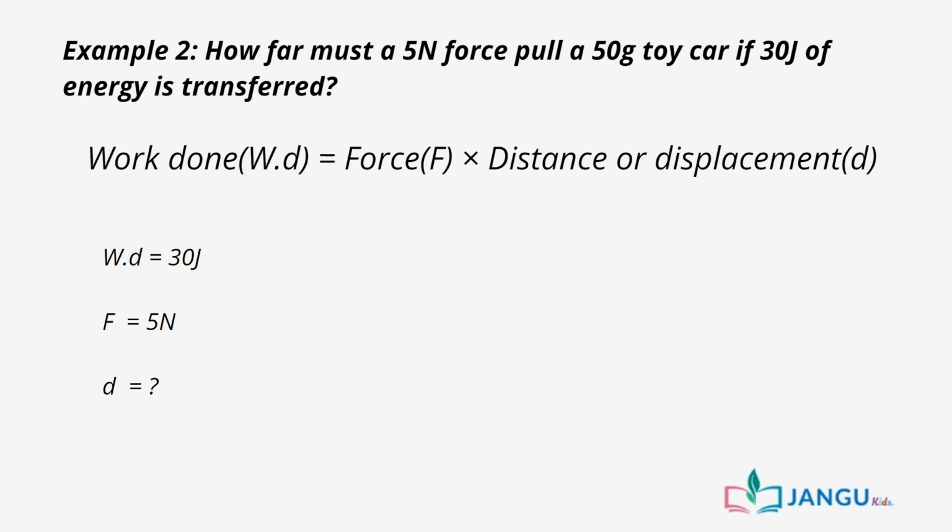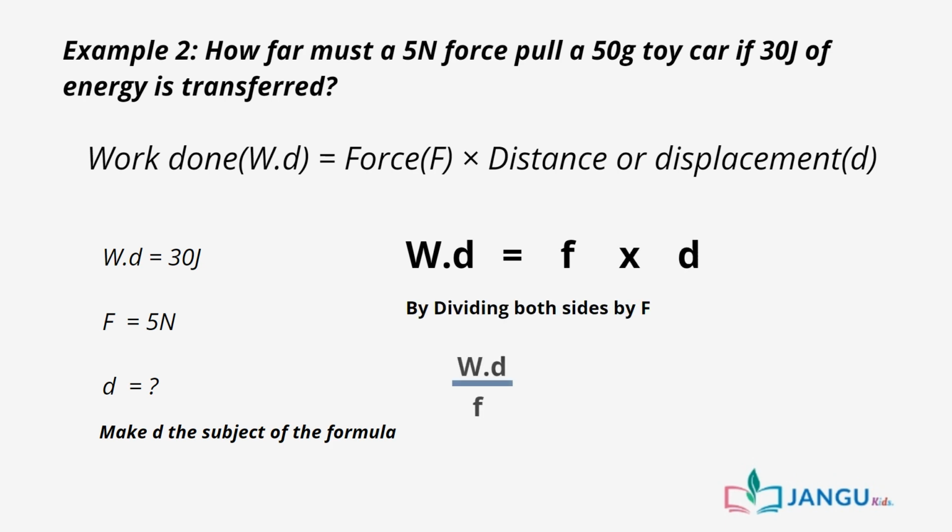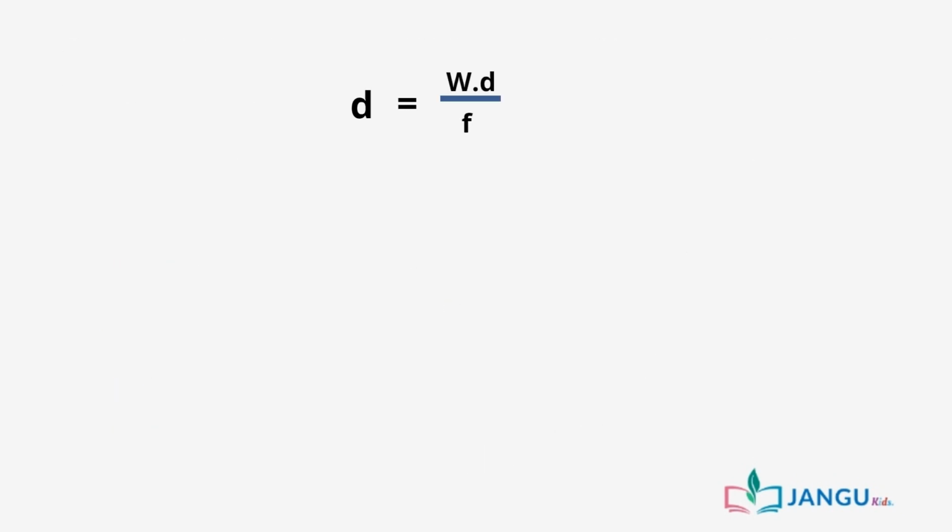To find the distance, we need to make D the subject of the formula from WD equals F times D by dividing both sides by F, that is, WD over F equals F times D over F. F cancels F. Therefore, D equals WD over F, which equals 30 joules over 5 Newton, which equals 6 meters.